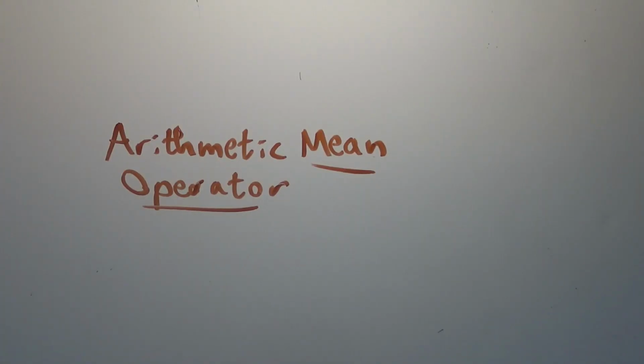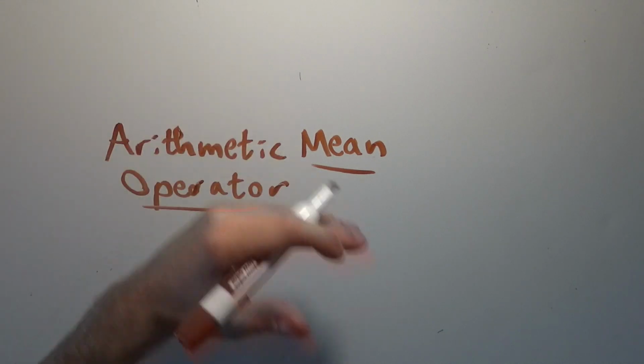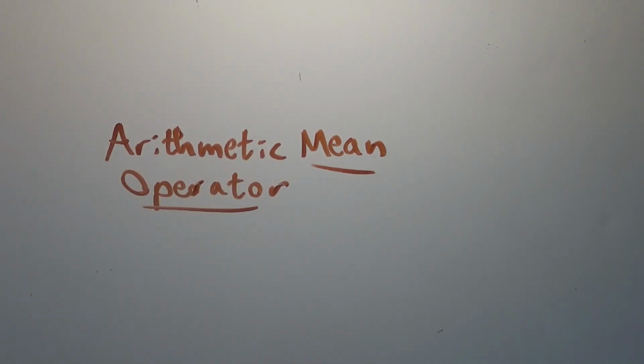Today we're going to explore iterating the operator which gives us the arithmetic mean of a function over a certain interval. What do we mean by that?